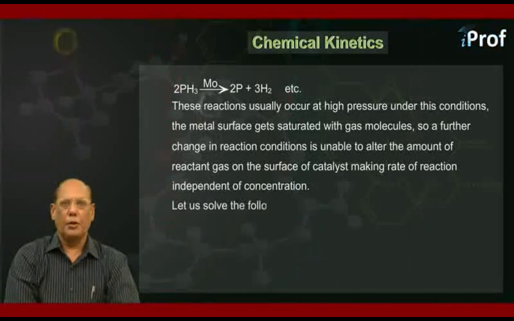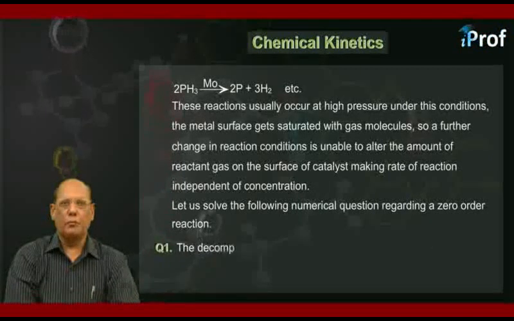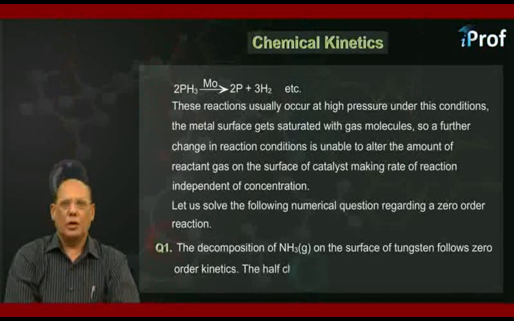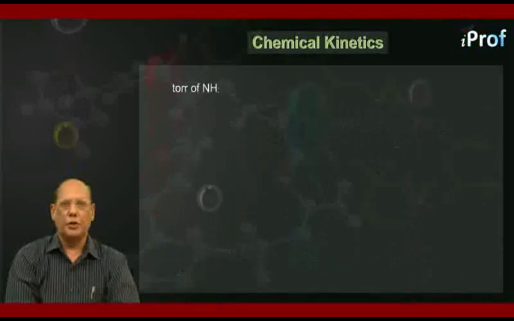Let us solve the following numerical question regarding a zero order reaction. The question is, the decomposition of ammonia gas on the surface of tungsten follows zero order kinetics. The half change period for an initial pressure of 70 torr of ammonia is found to be 5 minutes.